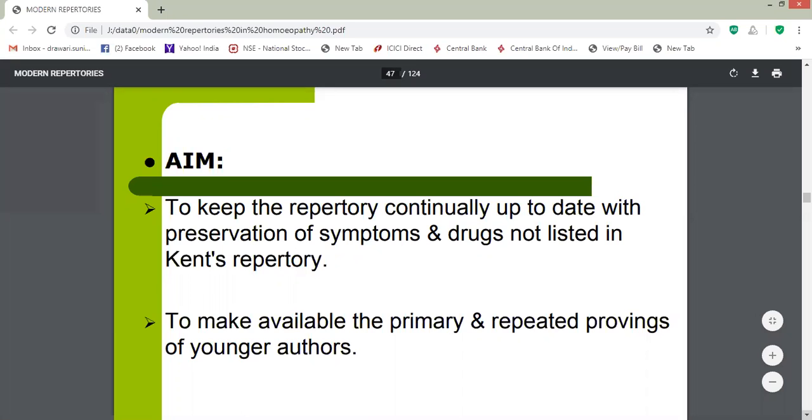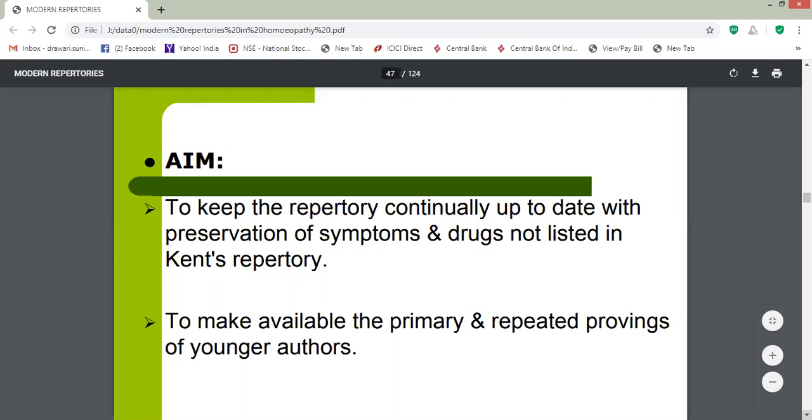Whatever drugs or symptoms we cannot find in Kent's repertory, Dr. Barthel and Klunker tried their level best to include. Then, to make available the primary and repeated provings of younger authors.